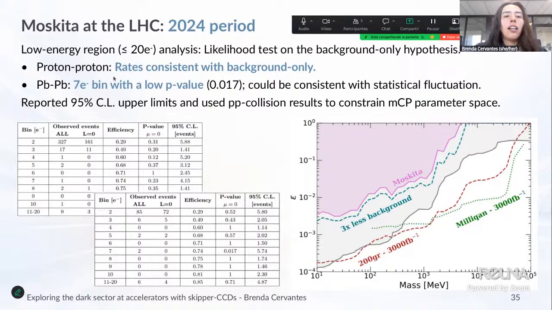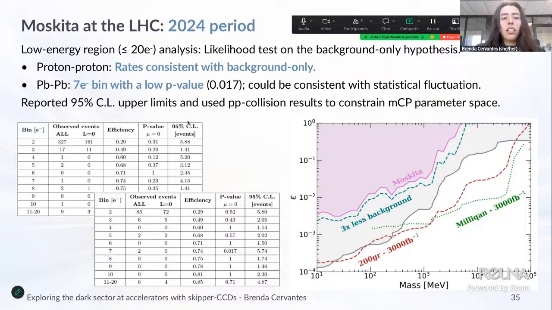It turns out that our rates were mostly consistent with background only. But we saw a small p-value in the 7 electron bin in the lead-lead collisions, though this could still be consistent with a statistical fluctuation. So we are aiming to collect more data to be able to rule this out.